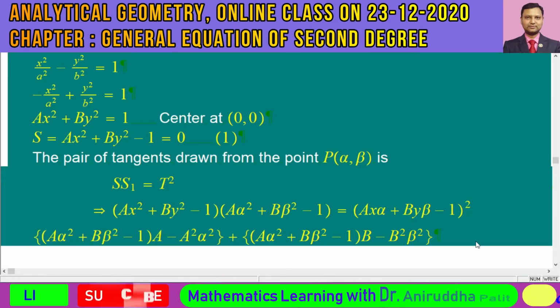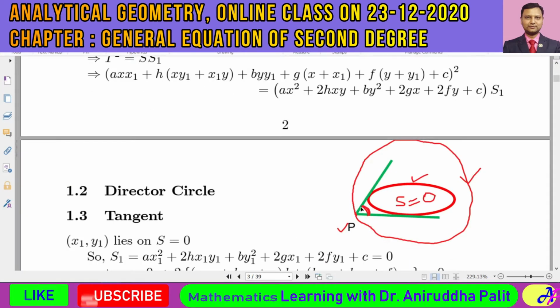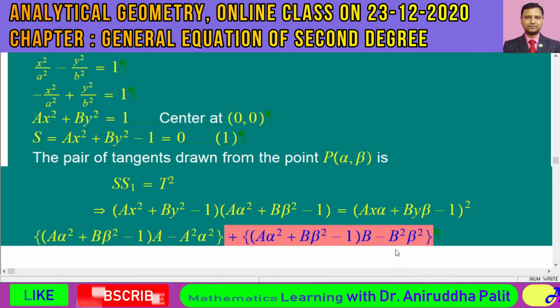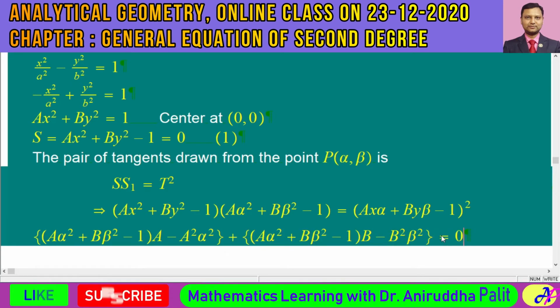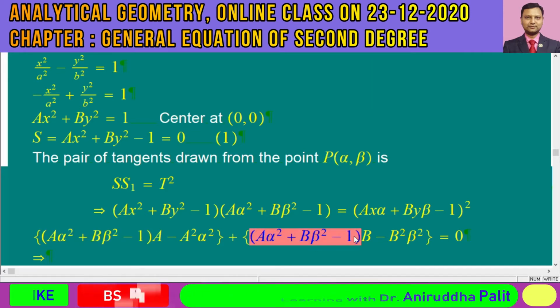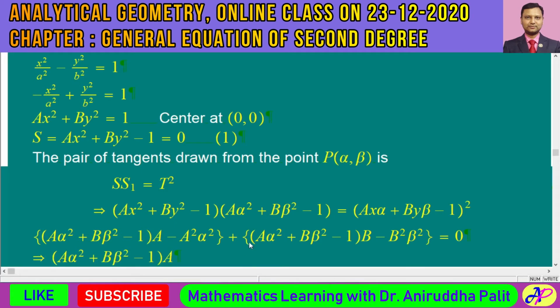So in order that this angle becomes equal to 90 degrees, the condition a plus b must be equal to 0. That means the coefficient of x square plus the coefficient of y square must be equal to 0. Now you see over here, we can take this expression common, and then we shall get this value plus this value.